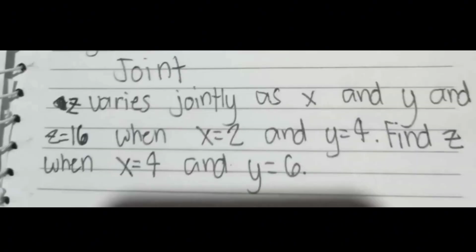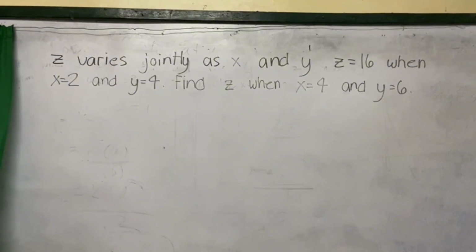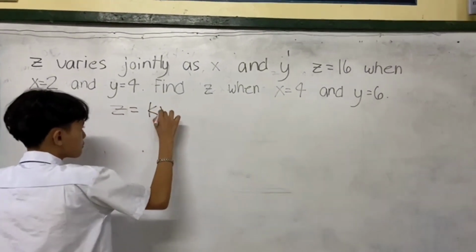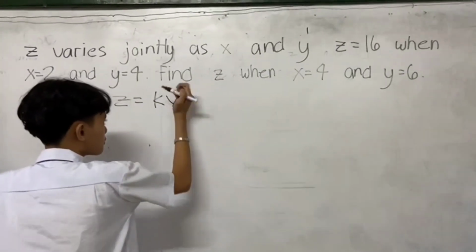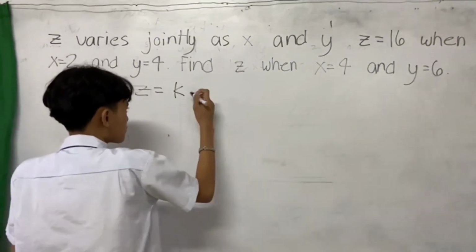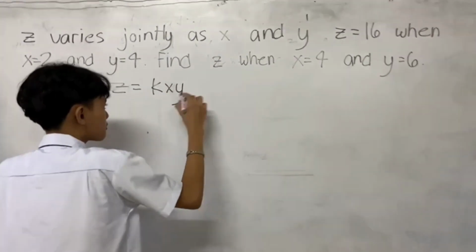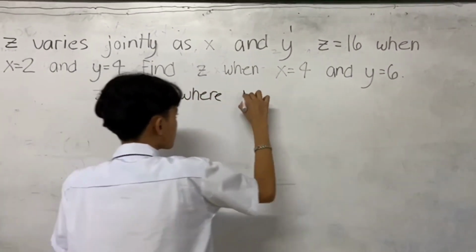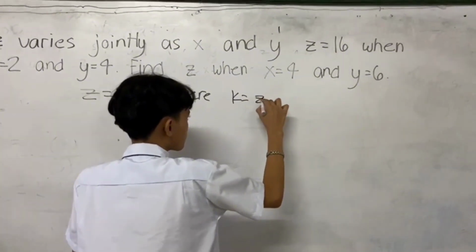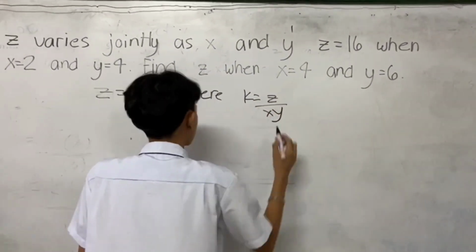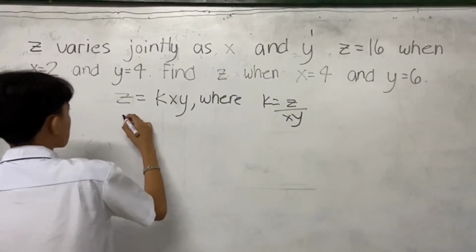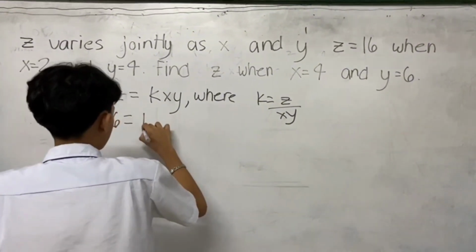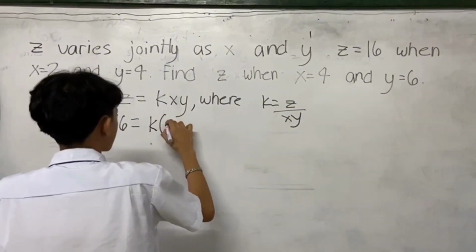Joint variation. So the formula of joint variation is Z is equal to KXY, where K is equal to Z over XY. So by the substitution property of equality, Z is equal to 16, multiplied by X and Y, which is 2 and 4.